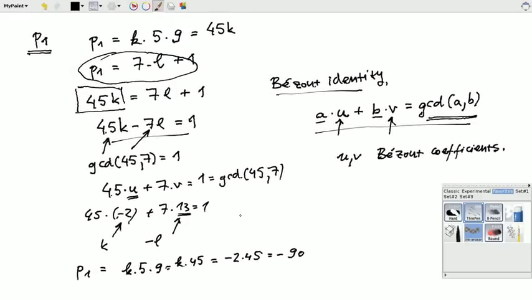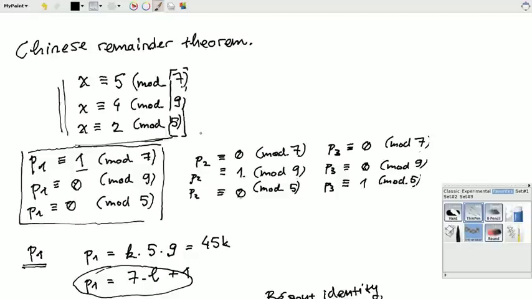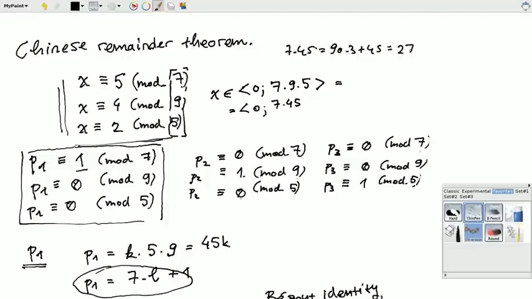Well, we can correct it pretty easily, because you see, I'm not going to prove it, but you can prove that the x will be a member of the closed interval between 0 and 7 times 9 times 5, which is equal to the interval between 0 and 7 times 45. 7 times 45 is equal to 90 times 3 plus 45 is equal to 270 plus 45 is equal to 315.